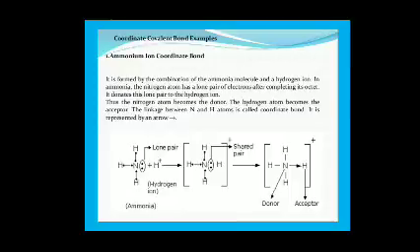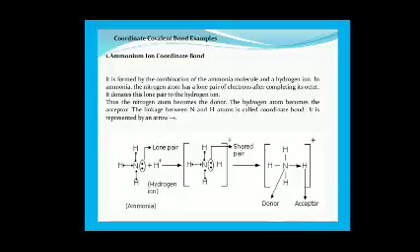Ammonium ion. This ammonium ion is formed by the reaction of ammonia and hydrogen ion, that means H plus ion.